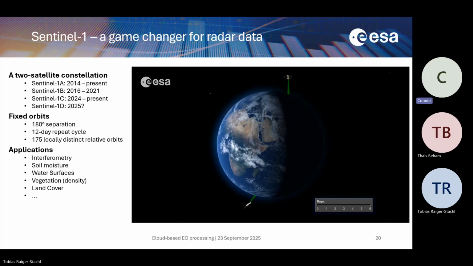Sentinel-1D will be added to the satellite constellation soon. The last pieces of information you can find online talk about 2025 as the next launch date.